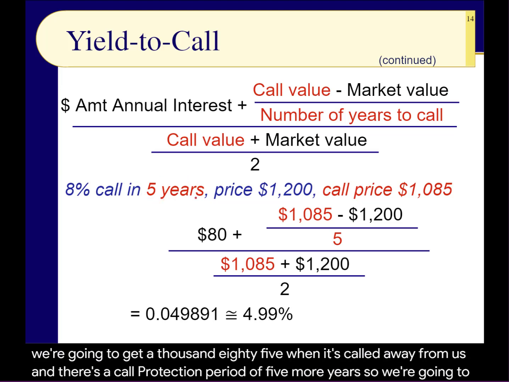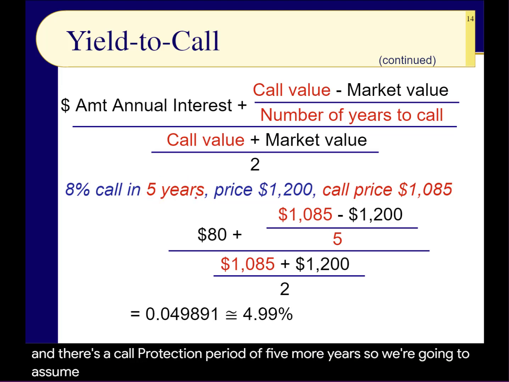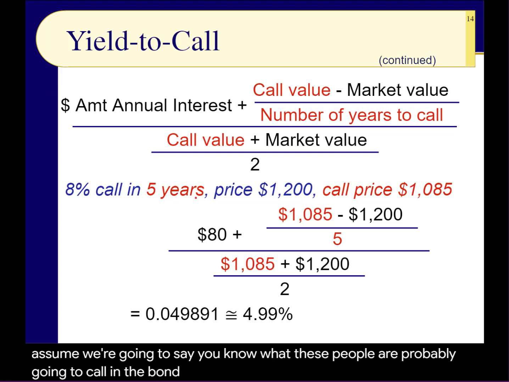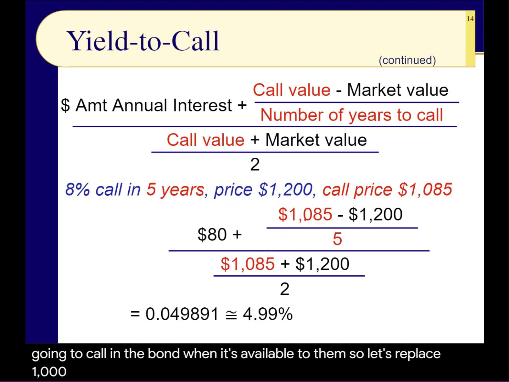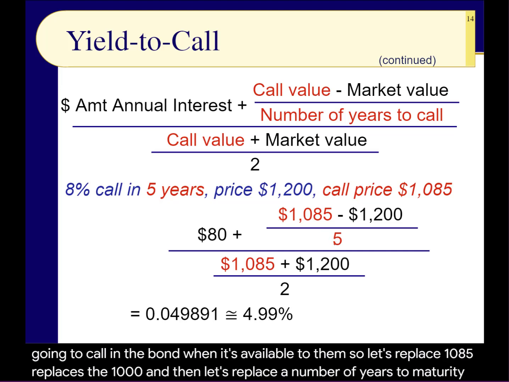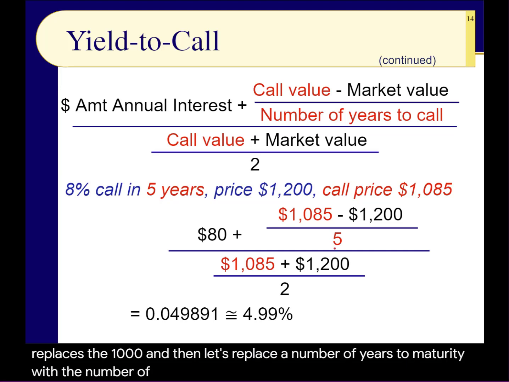So we're going to assume that these people are probably going to call in the bond when it's available to them. So let's replace the par value with the call price. 1,085 replaces the 1,000. And then let's replace the number of years to maturity with the number of years till the call is allowed after the call protection period.